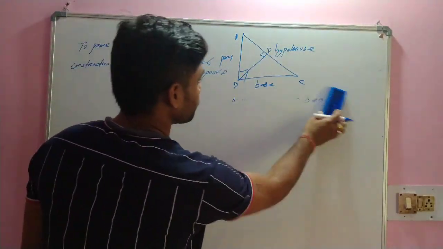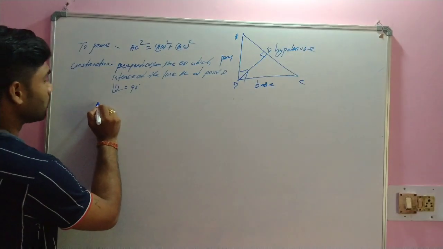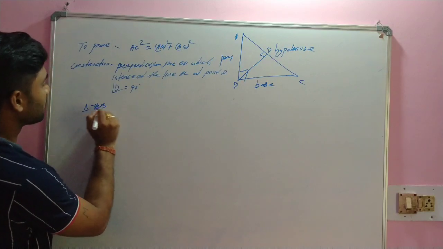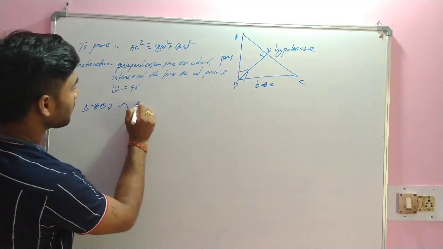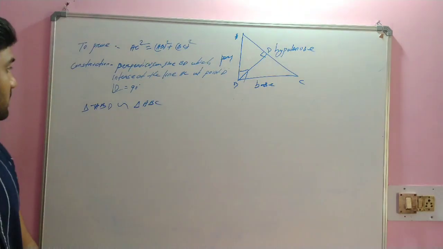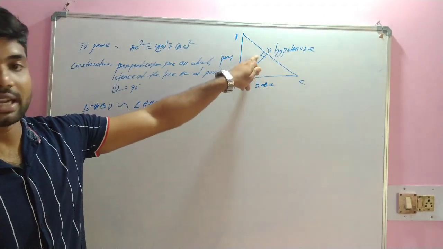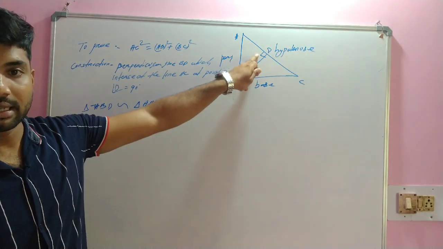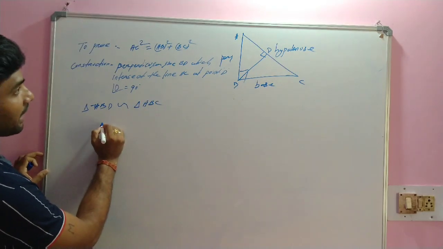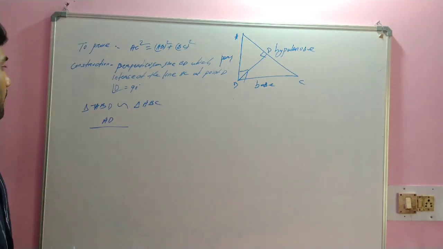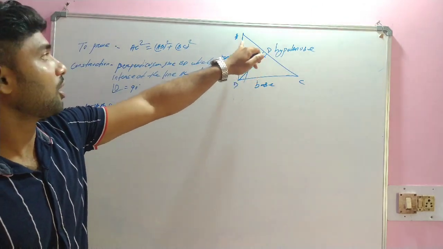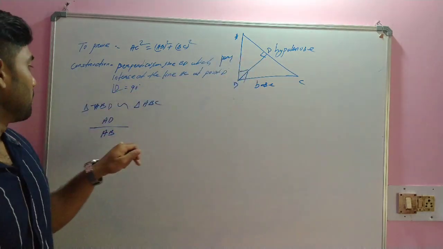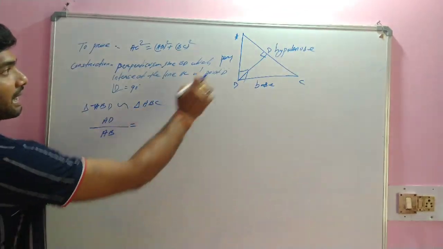So how can you prove it? In triangle ABD and triangle ABC, angle D is a right angle. So we can write AD by AB, where AB is the hypotenuse of triangle ABD, equals AB by AC in triangle ABC.